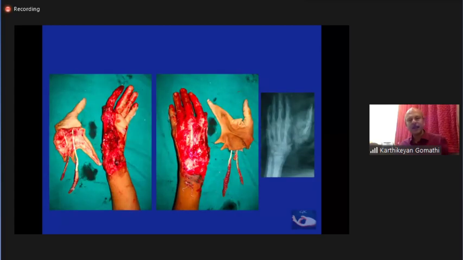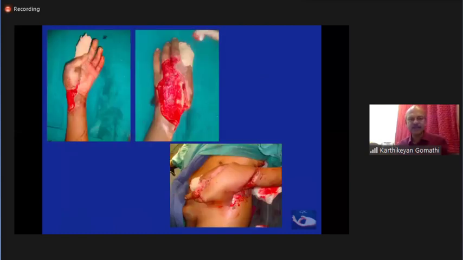Now look at this patient who has had an amputation, complete degloving of the index finger, and the thumb has been amputated. We replanted this, and at the end of 10 days, the dorsal skin necrosed. So we debrided that, and there is a raw area. So we have planned for a flap cover. The thumb has survived, and that is what we felt was most important.